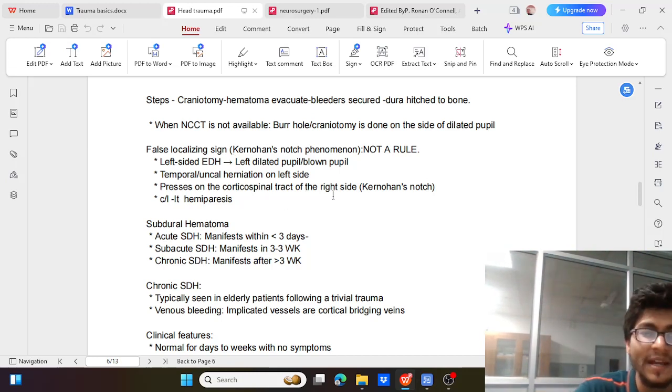It presses on the corticospinal tract on the right side, that is the Kernohan's notch, and it causes left-sided hemiparesis. So it presses the right-sided Kernohan's notch and causes left-sided hemiparesis. We have to understand that this is just a false localizing sign, also known as Kernohan's notch phenomenon, although it is not a rule.